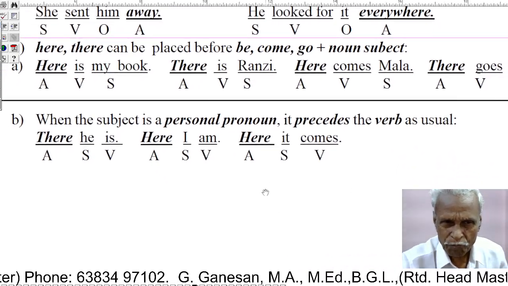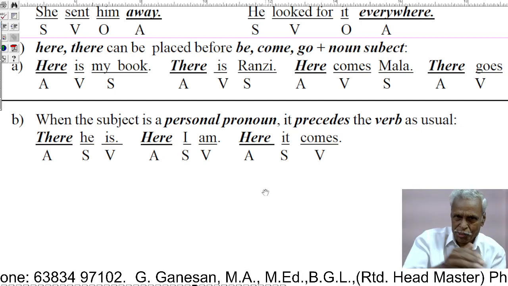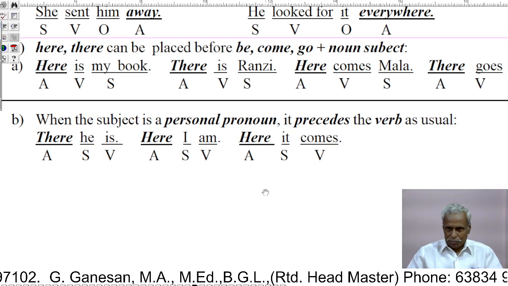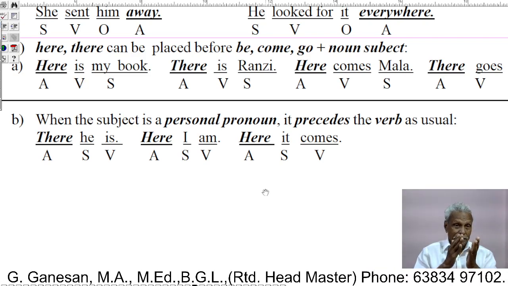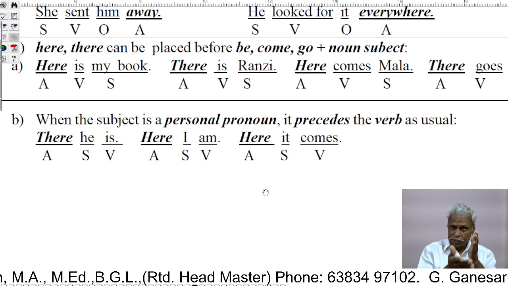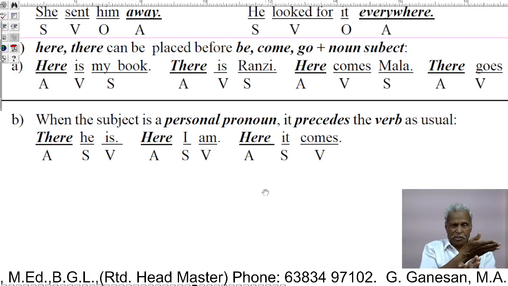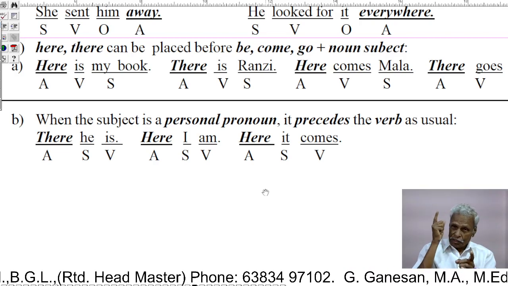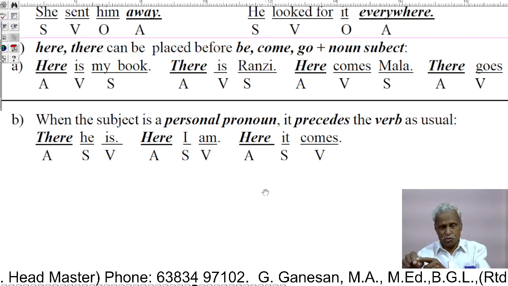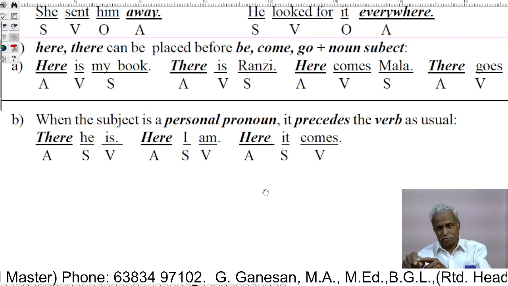But when the subject is a personal pronoun, it precedes the verb as usual. In the pattern here and there, when they are used as adjuncts and occupy the first position in a sentence, the noun subject comes after the verb.